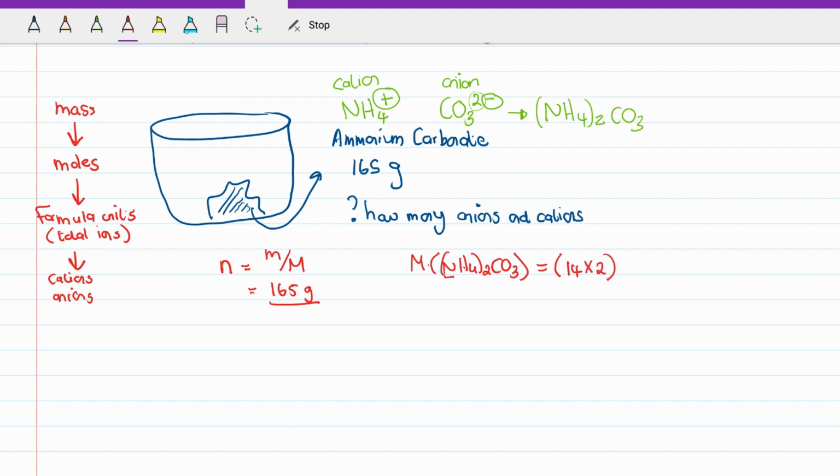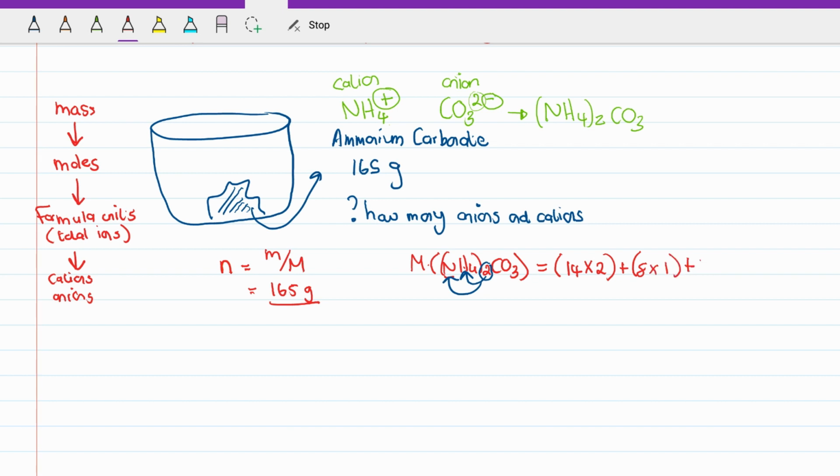How do you know that there's 2 of them? You can see that this 2 is on brackets, and this 2 is applicable to that nitrogen and to that hydrogen. So 14 times 2, plus 2 times 4 is 8, so it's 8 times 1, because that's the molar mass of hydrogen.